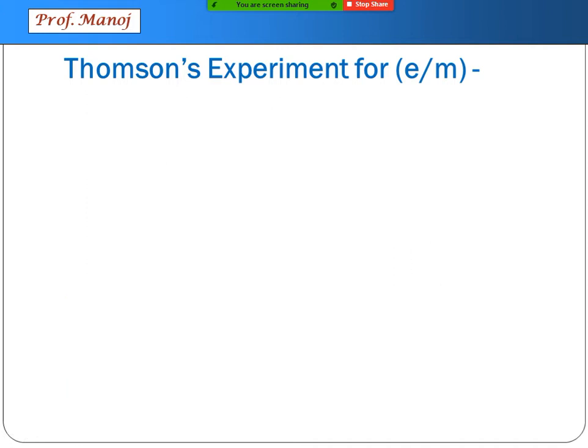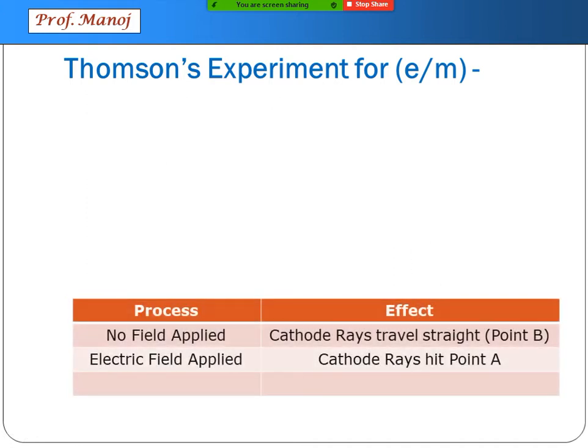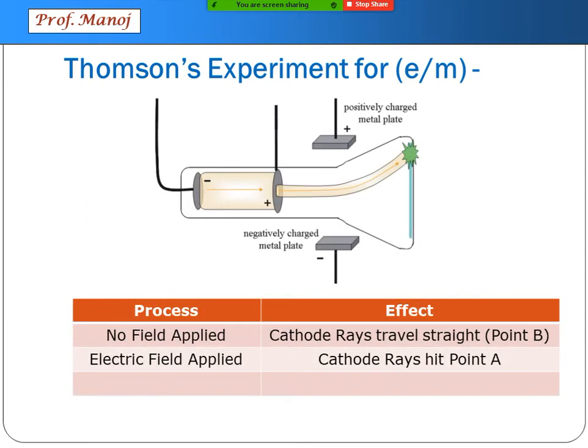In the second set of experiments, he applied an electric field and the same cathode rays started deviating towards the positive plate. Earlier they were going straight and hitting over here. Now, with the electric field applied, you have a positive plate here and a negative plate here. Cathode rays travel in a straight line, and when they come near the electric field, they get deviated.